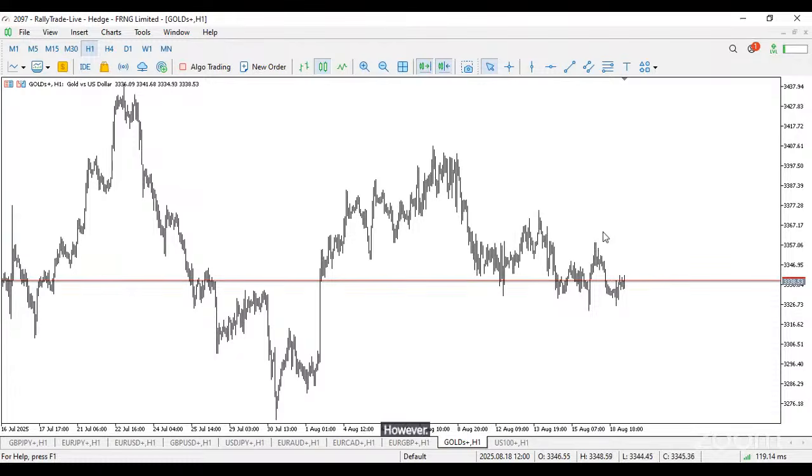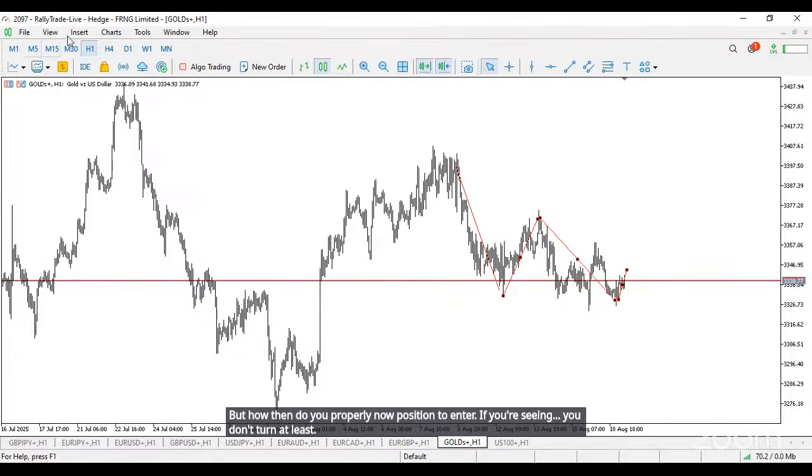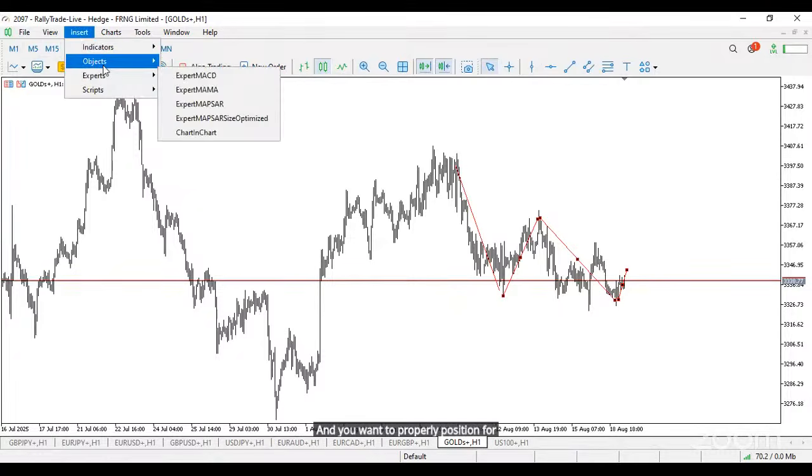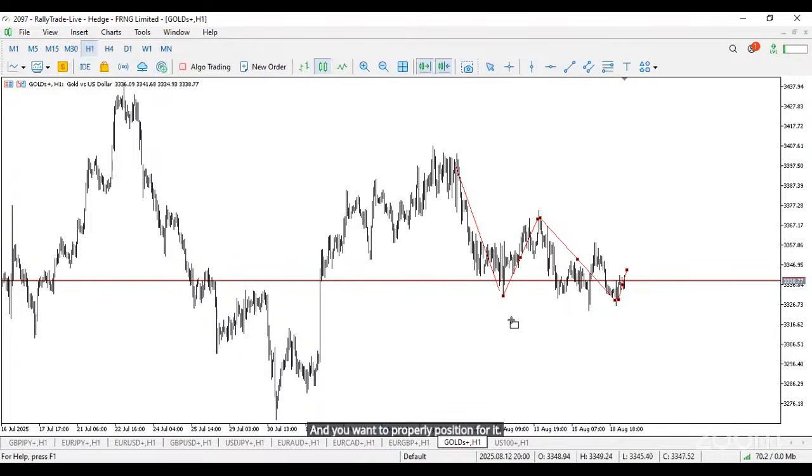However, if I'm looking at trading the trend, some of us can see that, oh, this is looking like a downtrend. If this is looking like a downtrend, you are correct. But how then do you properly position to enter this type of downtrend? If you're seeing a downtrend like this and you want to properly position for it, you simply pick your sell stop and put it below here. So you're looking out now for the breakout.